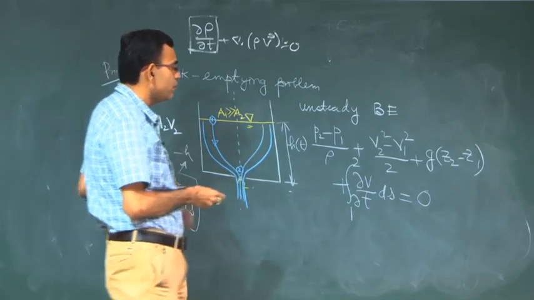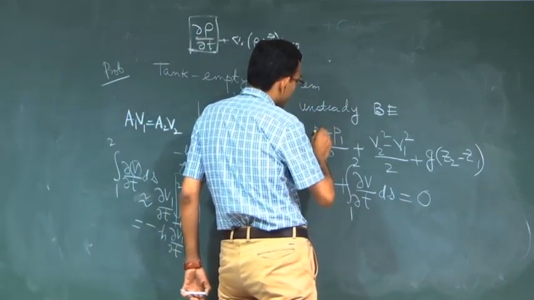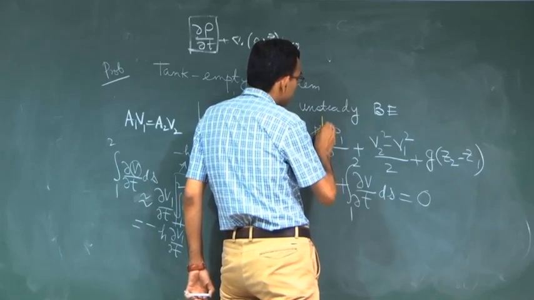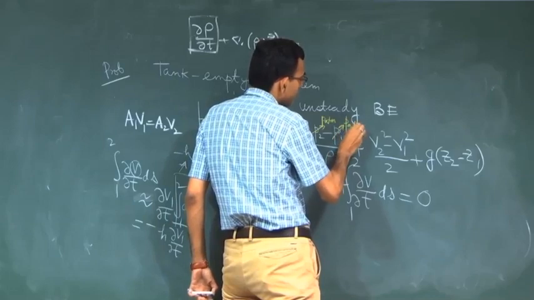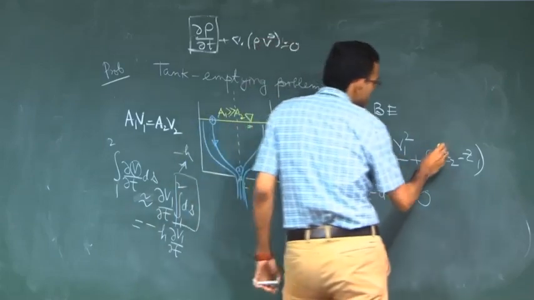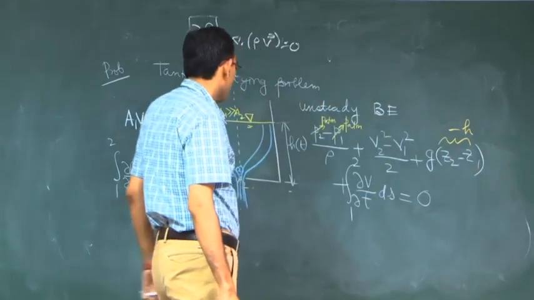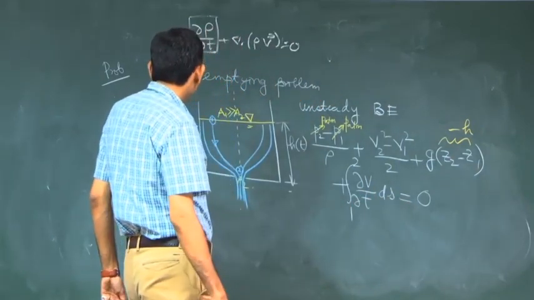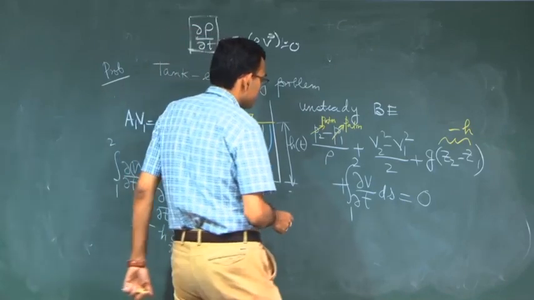Now let us come to the equation. P2 and P1 both are P atmosphere, so this term is 0. Z2 minus Z1 is minus H, and V2 is A1 by A2 into V1.